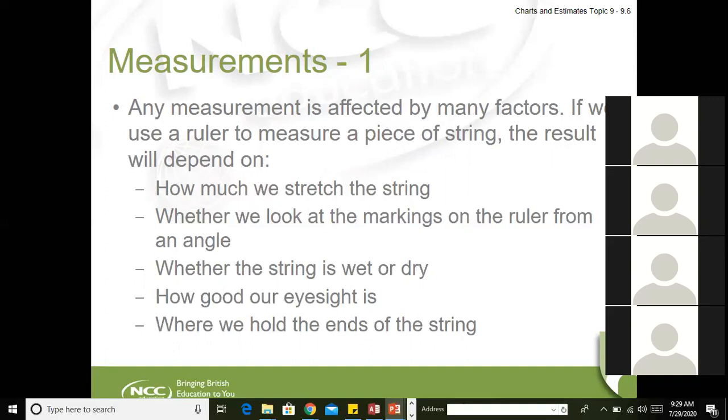It also depends on whether we look at the marking on the ruler from an angle, whether the string is wet or dry, how good our eyesight is, and where we hold the ends of the string.